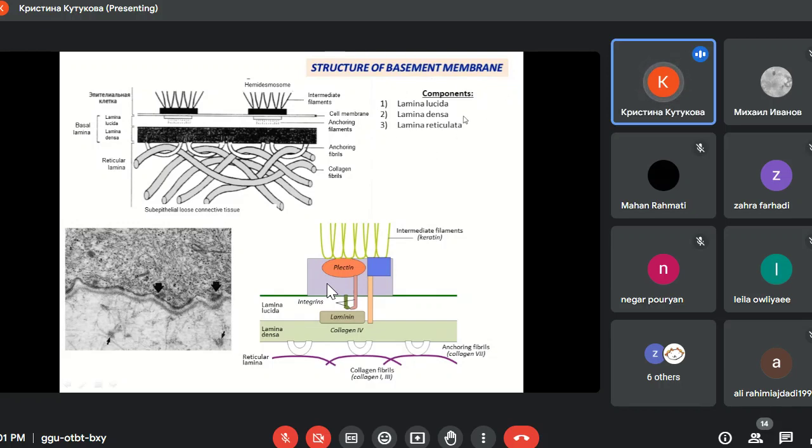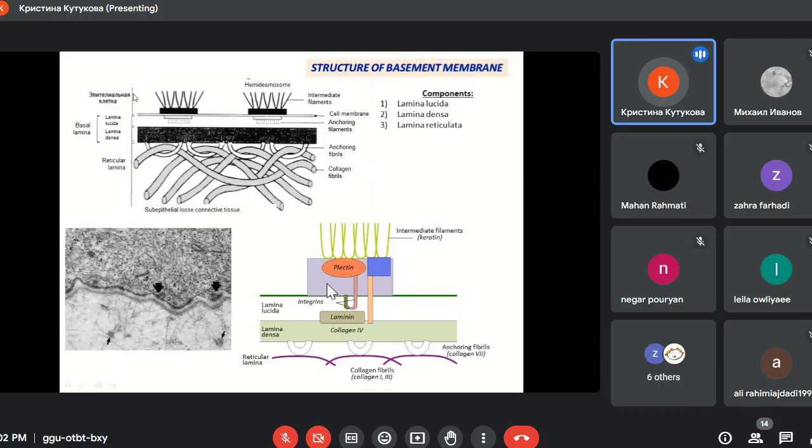The components of the basement membrane are three layers. These are Latin names: lamina lucida, lamina densa, and lamina reticulata. Lamina means thin layer. Lucida means light. Densa means dense, and reticulata means reticulate or net looking.